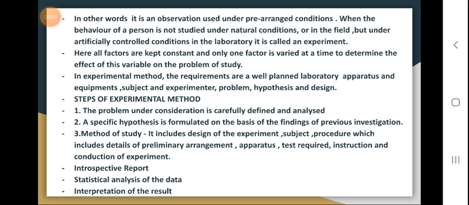Now, regarding the steps of experimental method, firstly, the problem under consideration is carefully defined and analyzed. Then, a specific hypothesis is formulated on the basis of the findings of previous investigation. For instance, associated pairs of words are better remembered than unassociated pairs of words.